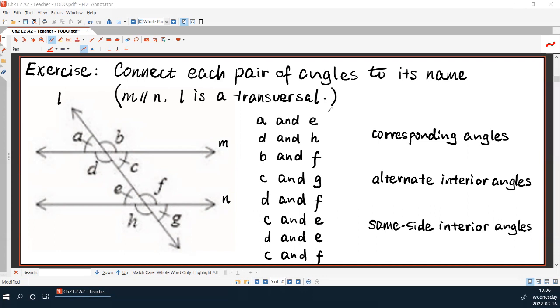Write your result on the screen. For example, A and E is called corresponding angles, right? You can finish the rest of the names.